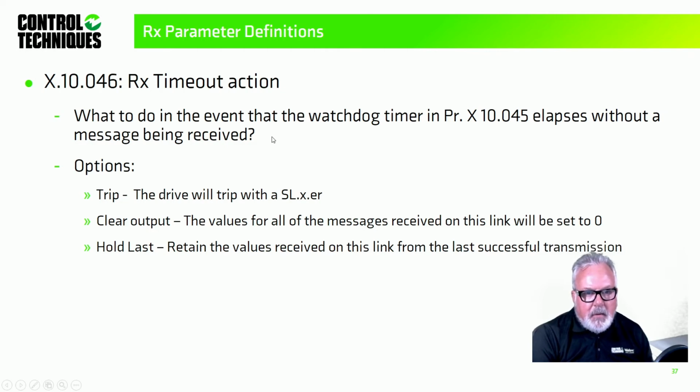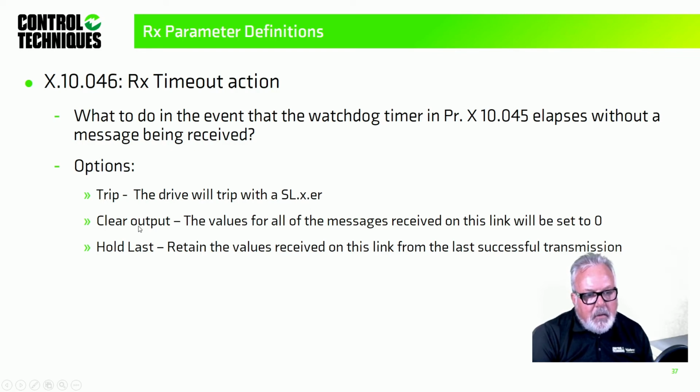How am I going to handle that? Well, the option is to trip. So if I don't get a message, the drive itself will trip, and it will have what's a slot error. So in my case with Digitax, it'll be SL.3.Er, a slot 3 error.